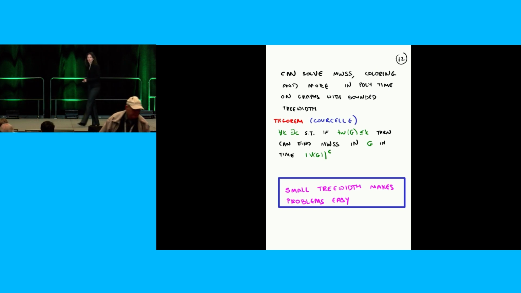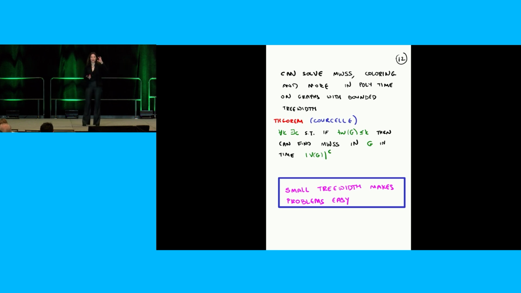Now, why is that a good thing? Well, remember we said we could solve max weight stable set, for example, on a tree by removing a small set of vertices and breaking it into roughly equal parts. Turns out if you have a graph with small tree width, with tree width 100, you can solve max weight stable set, as well as some other problems, such as k-coloring, but let's focus on max weight stable set.